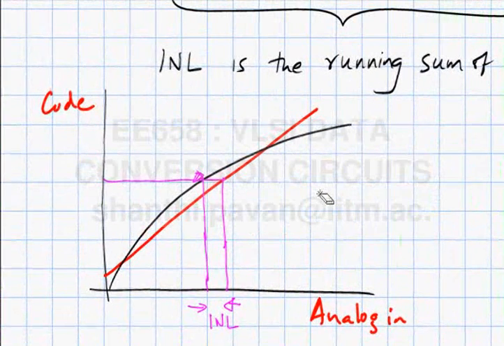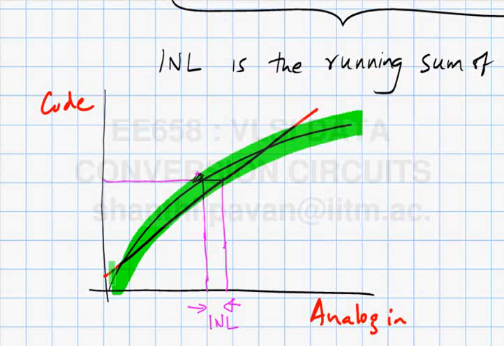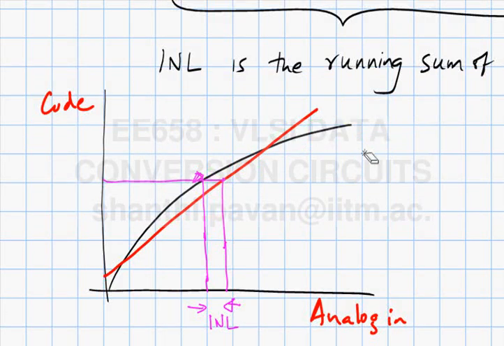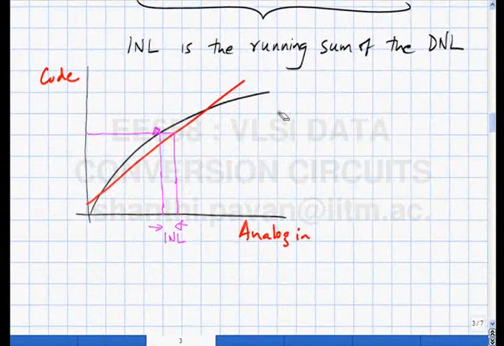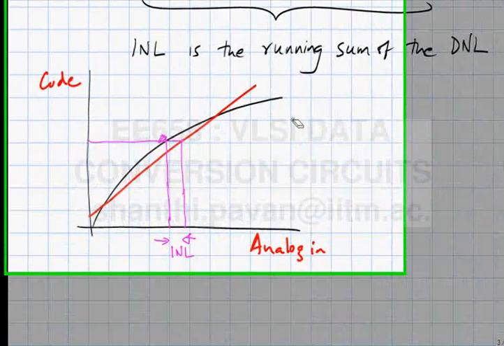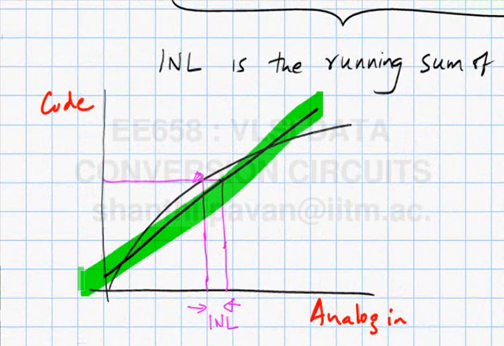If the characteristic of the ADC looks like this, can you comment on what might be happening in the converter? If the characteristic was the ideal straight line and I put in a sine wave, what would I get out? I will get a sine wave plus some, within quotes, quantization noise, because I rounded off.